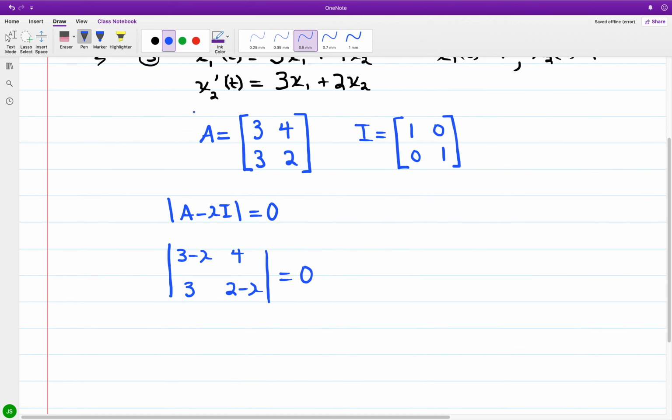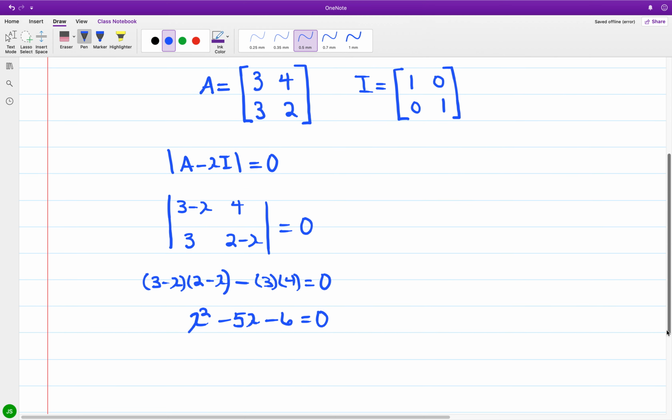And again, just taking the products, working diagonally, we have the quantity 3 minus lambda times the quantity 2 minus lambda, minus the product of the diagonal that runs from the lower left to the upper right, so minus 3 times 4, equal to 0. Once we multiply out and combine like terms, we have lambda squared minus 5 lambda minus 6 equal to 0.